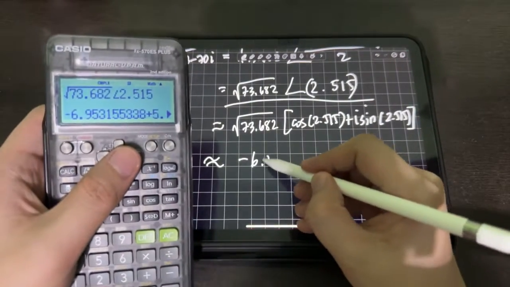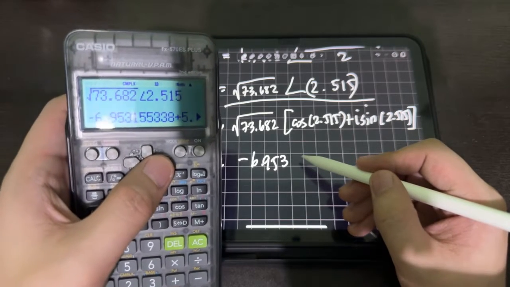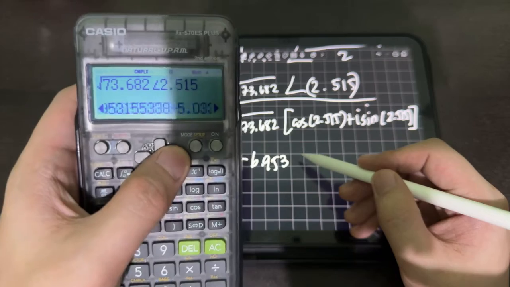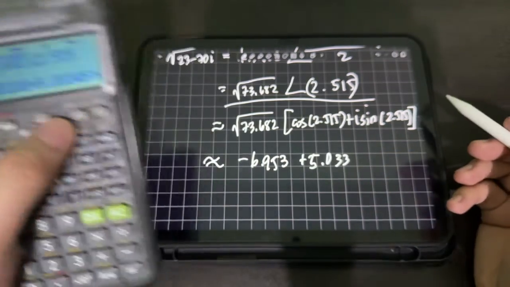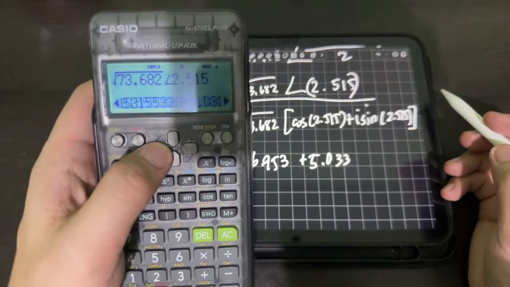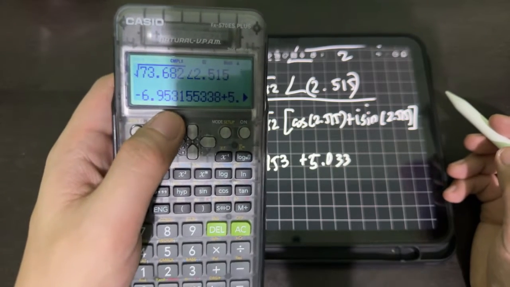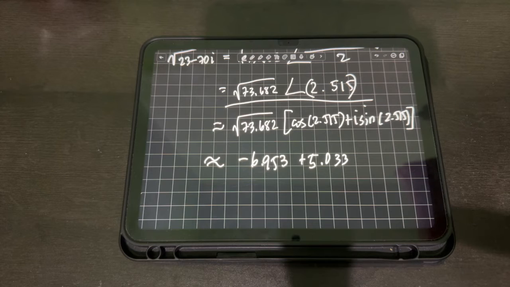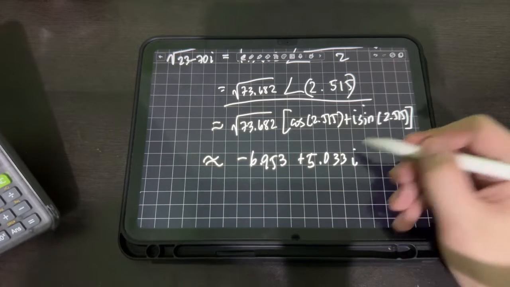Approximately negative 6.953 plus 5.033i.